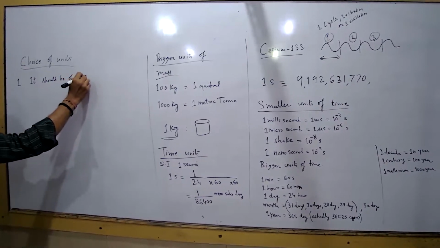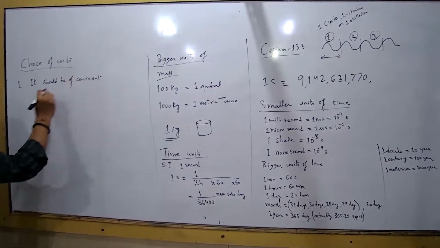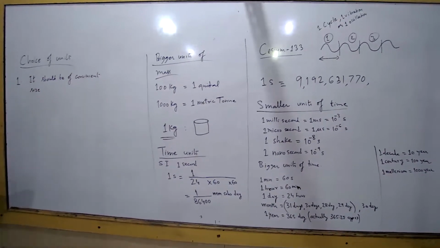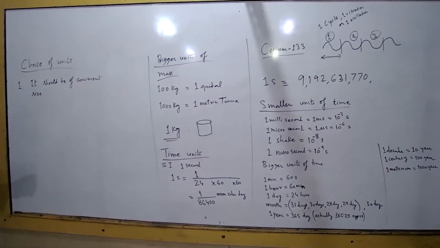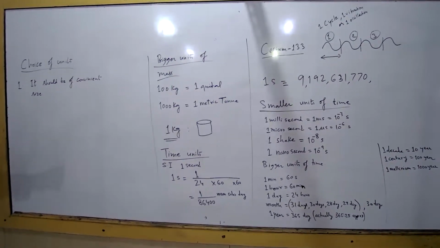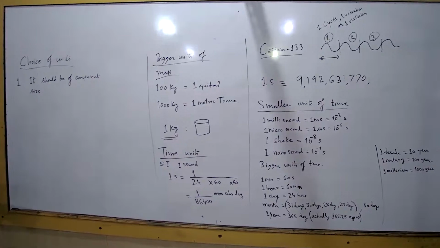Like if you want to take a direct measurement, the instrument should be convenient. Like you make the scale so big that you can't even carry it into the room, that should not happen.